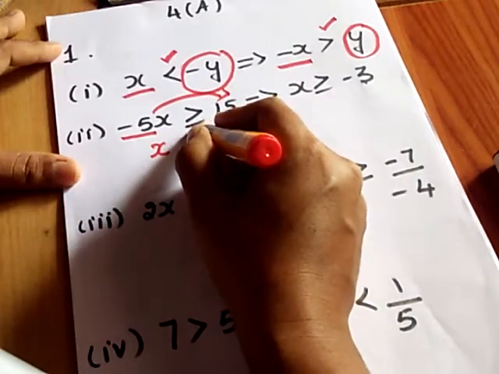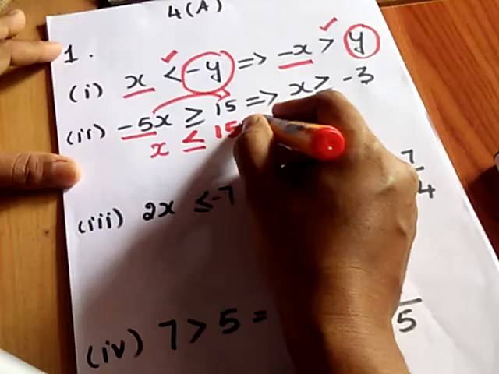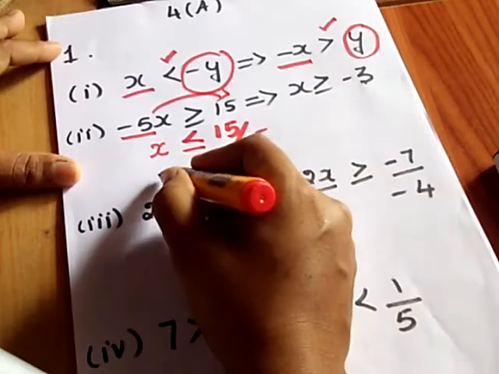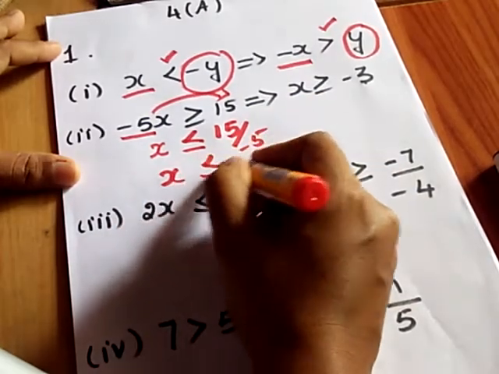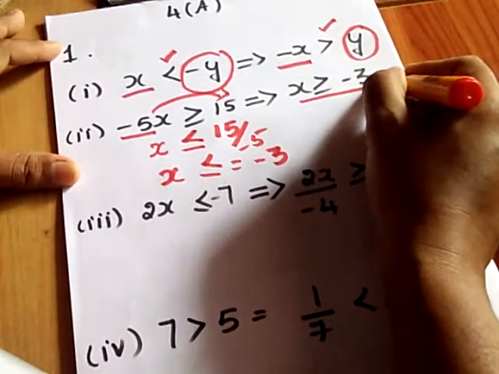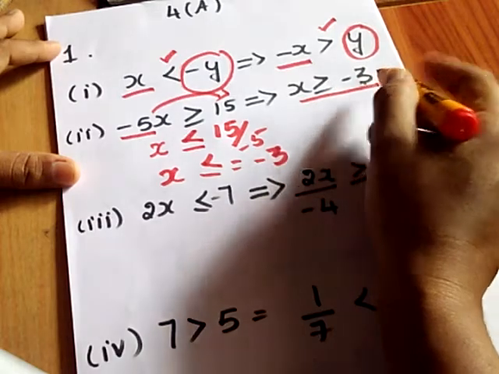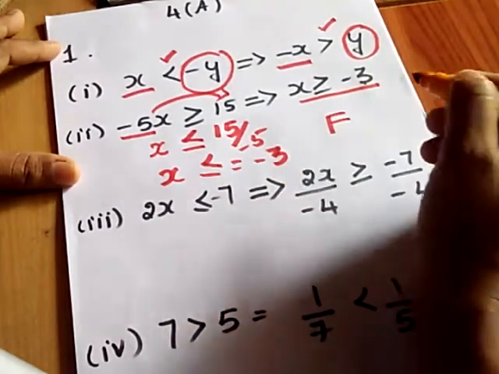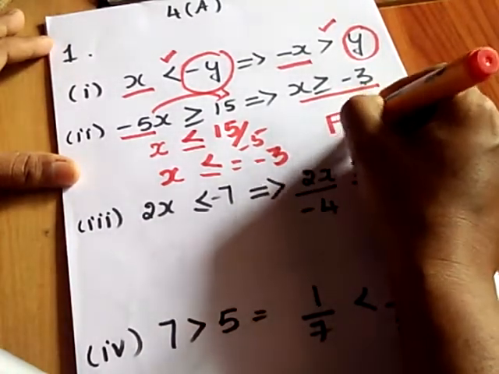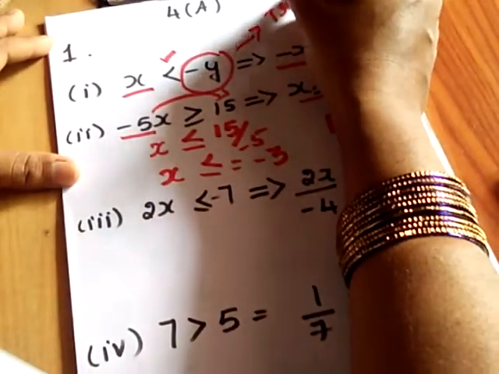As the minus value is shifted, automatically the inequation sign will be reversed. Now x is less than or equal to minus 3. But the given statement is x greater than or equal to minus 3. Hence this statement is false. And the first statement, this is true.